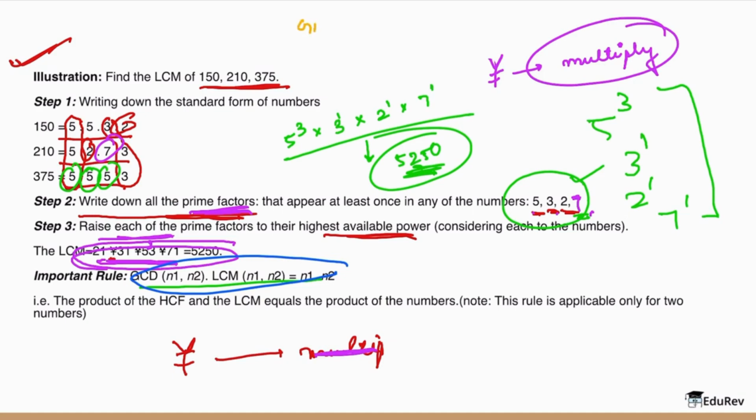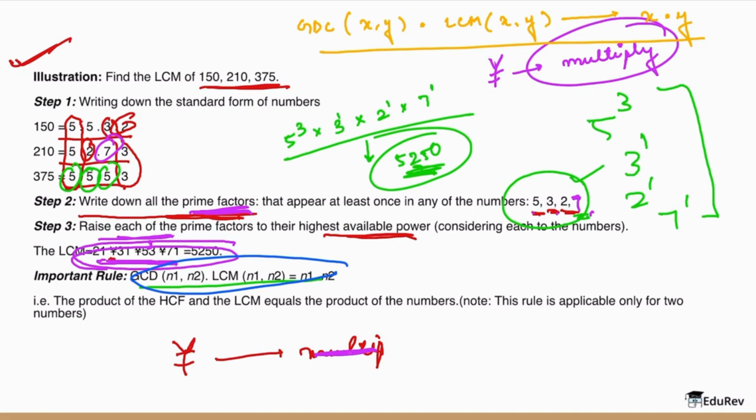If I have the GCD of any two numbers, say x and y, and I multiply that GCD with the LCM of x and y, then this product is nothing but the product of x and y. This is one of the rules you need to note down because it's very, very important. I hope you have understood what LCM and HCF are, and the products and everything.